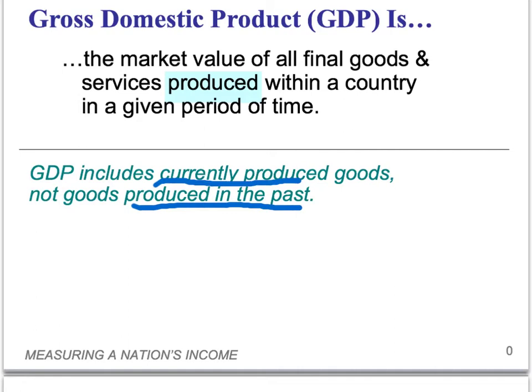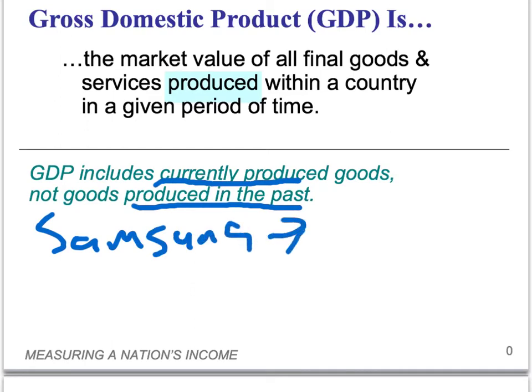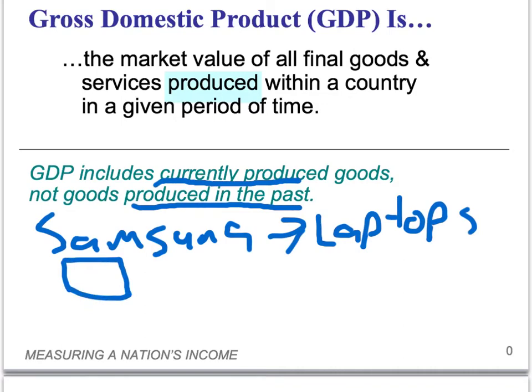But if I'm Samsung, and I make laptops, and I make two laptops, one laptop here with all the buttons and the screen, and another laptop here, a little bit of a wider screen, with all the buttons and the screen, both of these are made in October of 2012.